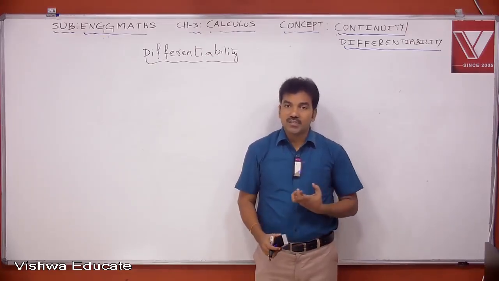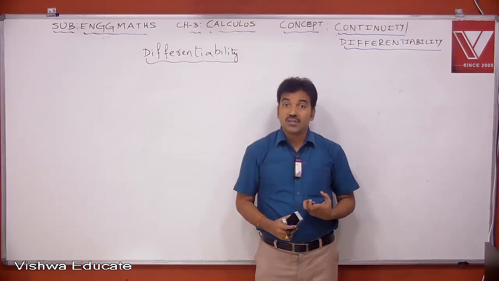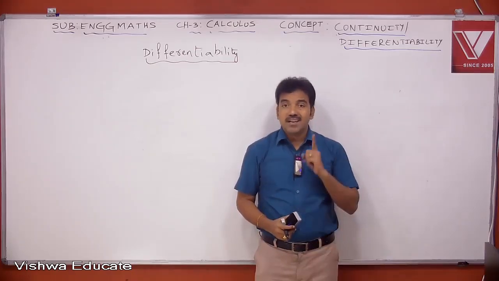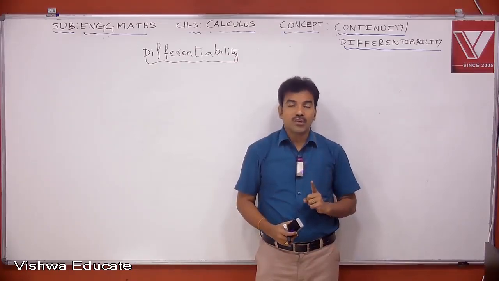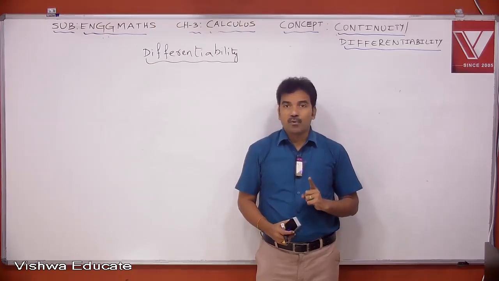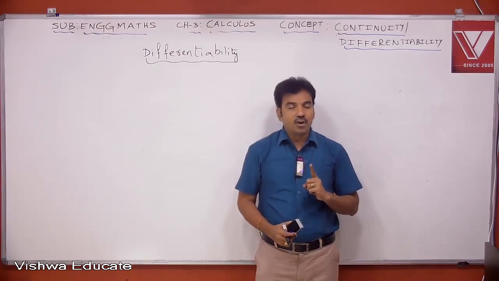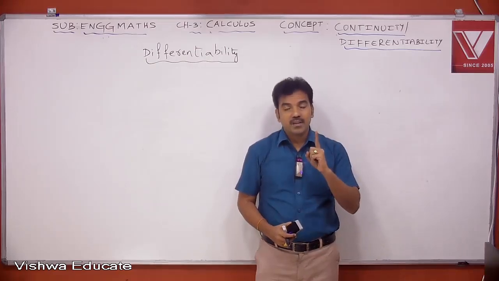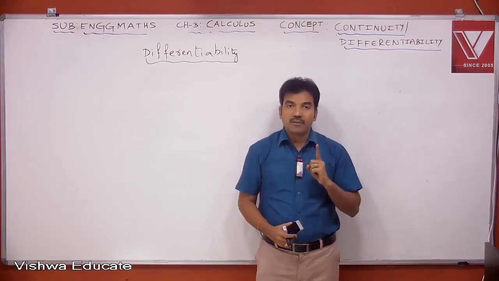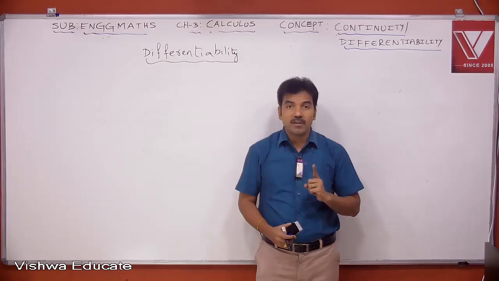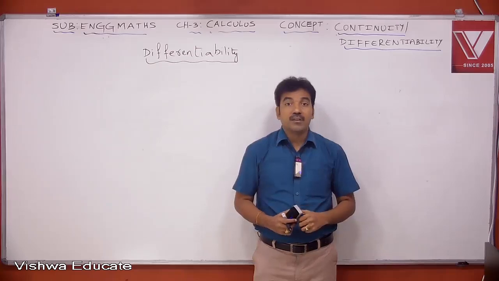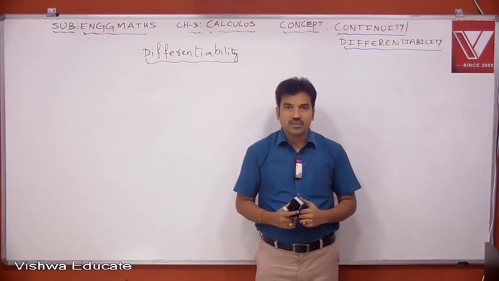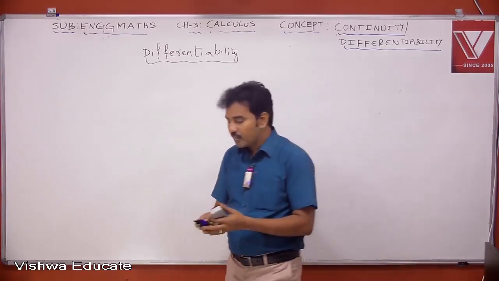The same issues we can discuss for a new concept, that is the differentiability of a function at a single point, followed by a closed interval a comma b, and then properties of differentiable functions, right? And then we compare the relation between differentiable and continuous functions. Okay, let us see.